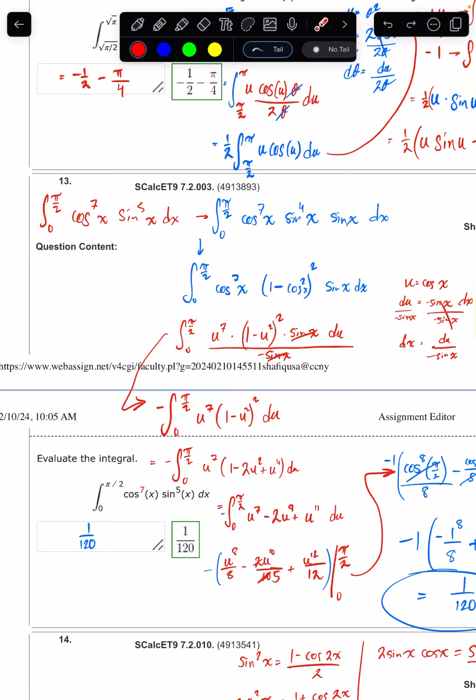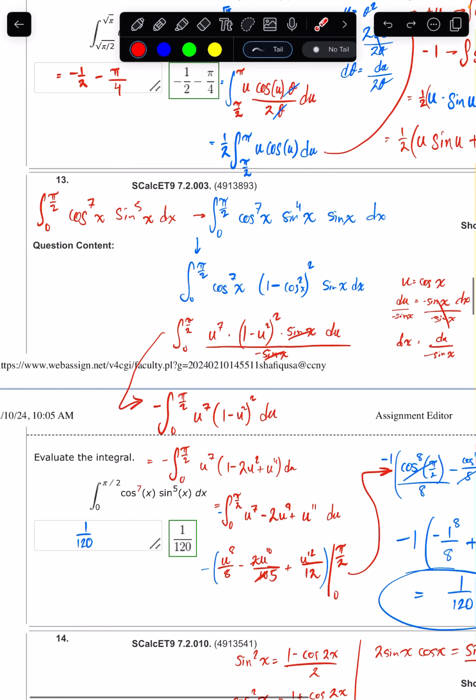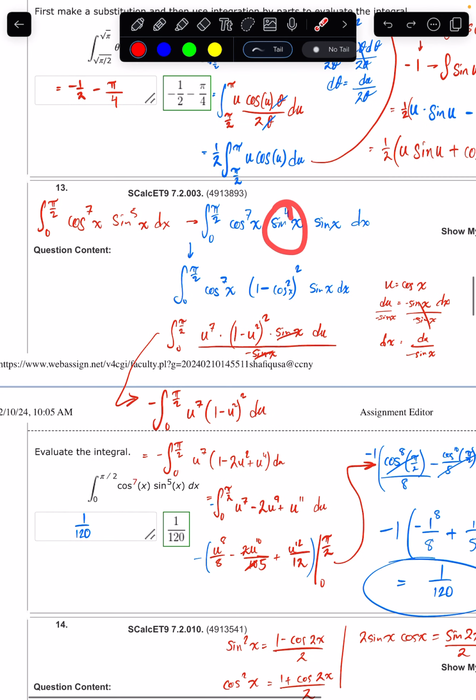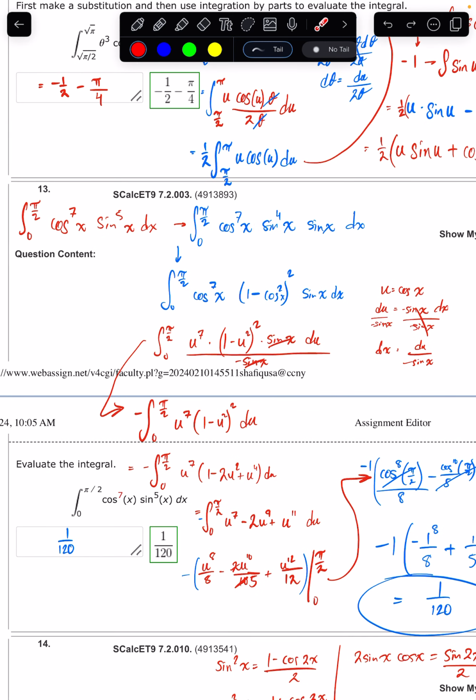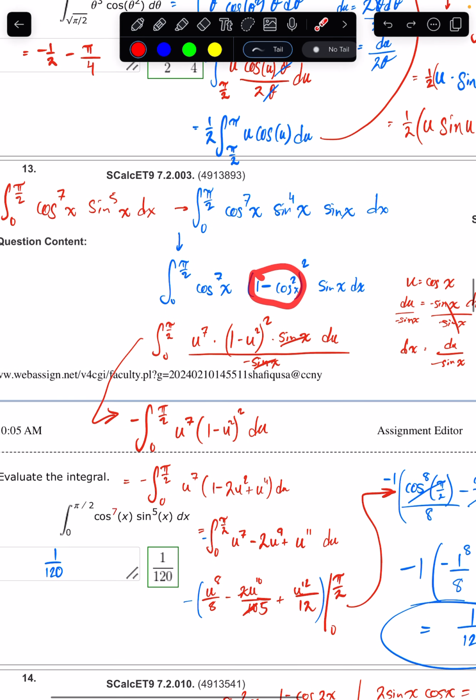Okay, what did I do here? I split up the sine to the 5th into sine to the 4th and sine x, right? That way I can use our trig identities, because we know that sine squared x is 1 minus cosine squared x, right?